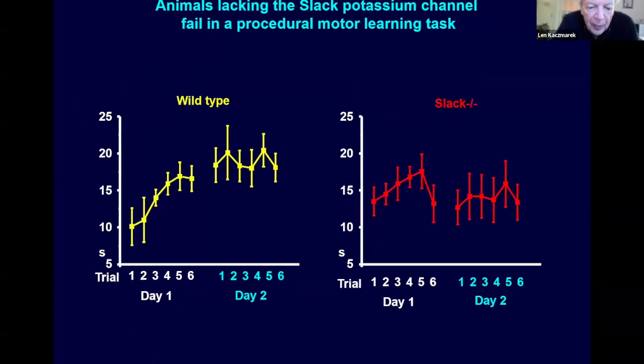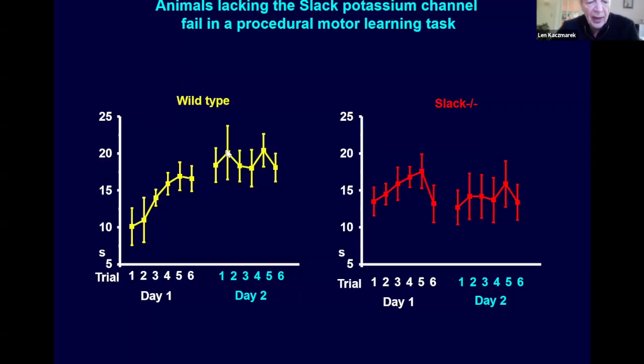The other problem that they have is that they don't do well in procedural learning. This is tested by putting a mouse on a rotating rod. When you first do this, you put the mouse on and it falls off. But if you keep putting it back on, it learns, like learning to ski, to stay on the rotating rod. With a normal mouse, tested every 10 minutes, it gets better and better throughout the day.